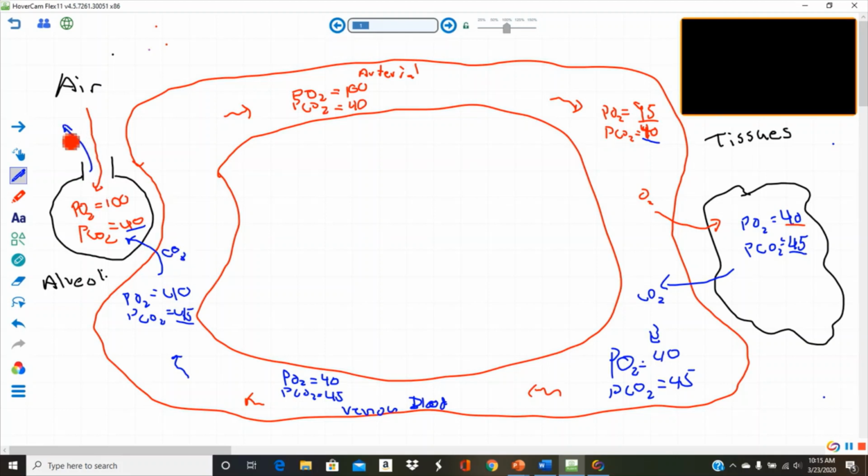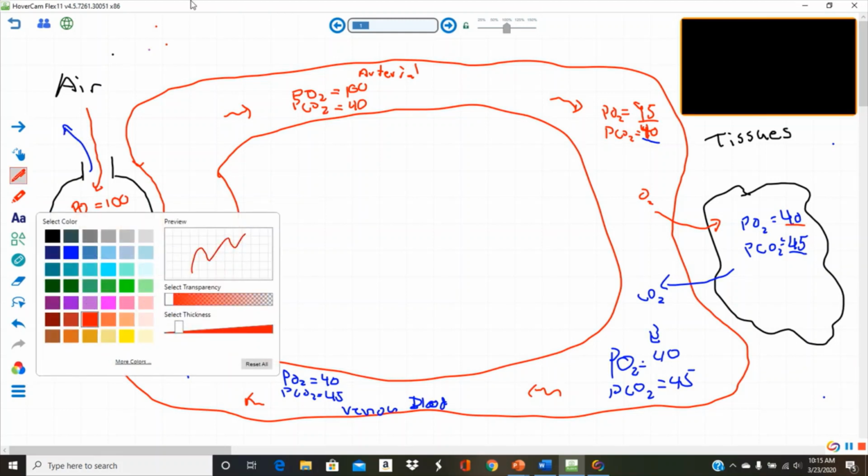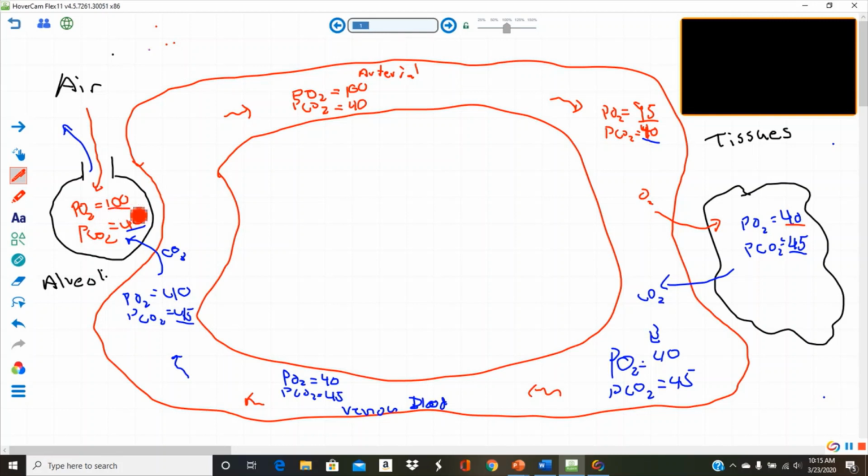And then if we look at the oxygen levels, 140, and you're going to deliver the oxygen to the blood. And you're going to create a blood here with a partial pressure of oxygen at 100.